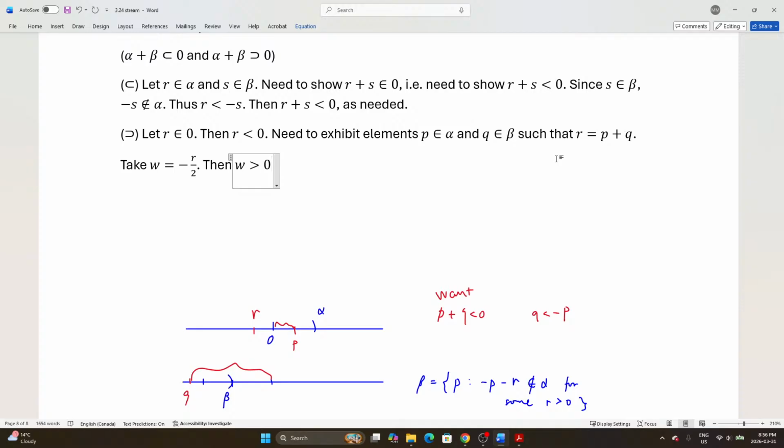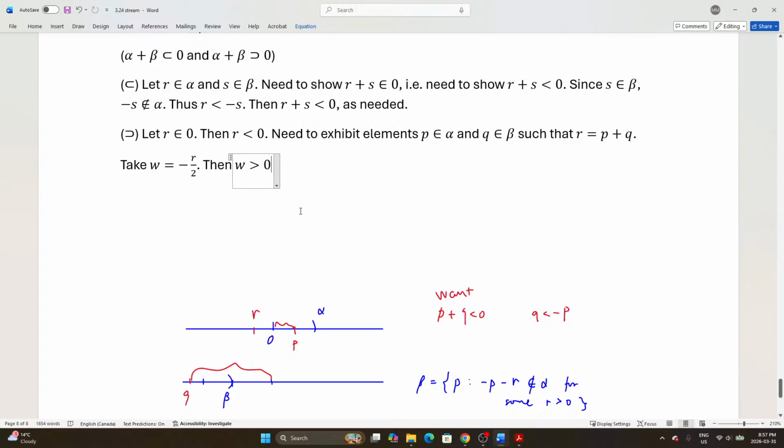We don't know if W is in alpha or not. Hmm, I'm kind of struggling here.